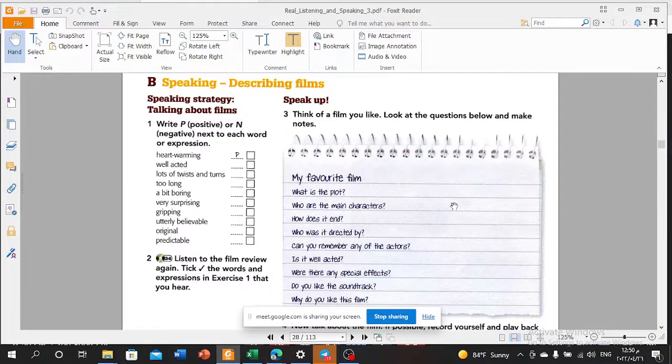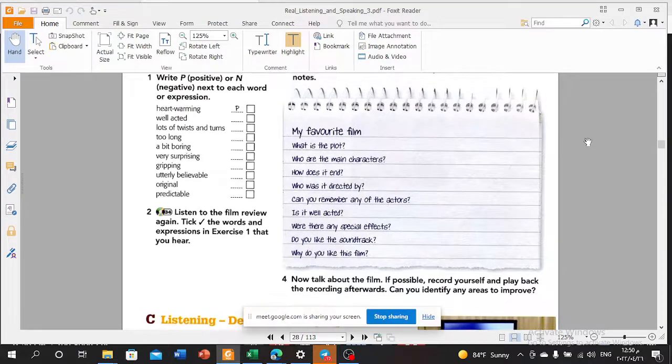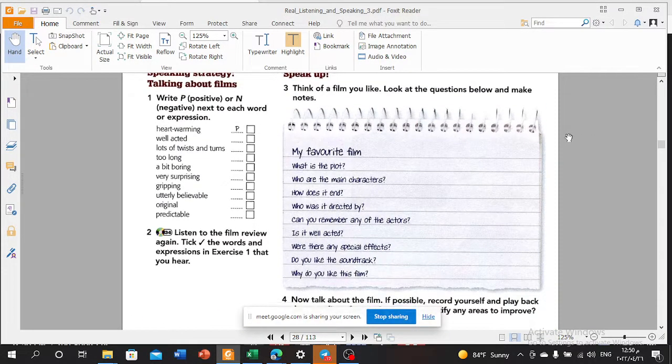While here we discussed how to describe or talk about your favorite movie. So you may be asked in the exam to write a passage about a movie you liked. So you have to mention, you have to answer some of the questions here.